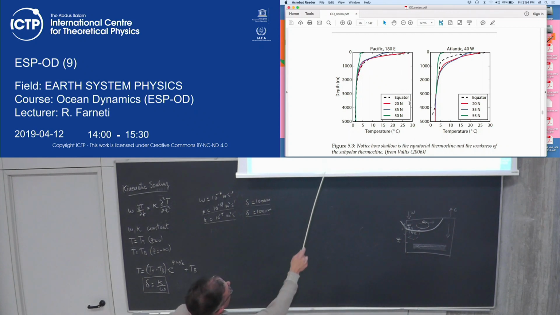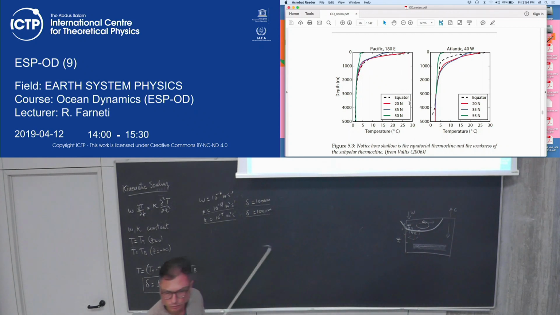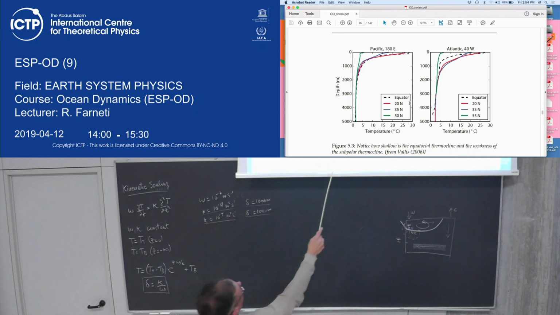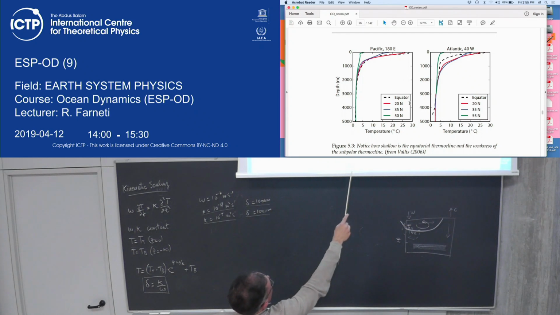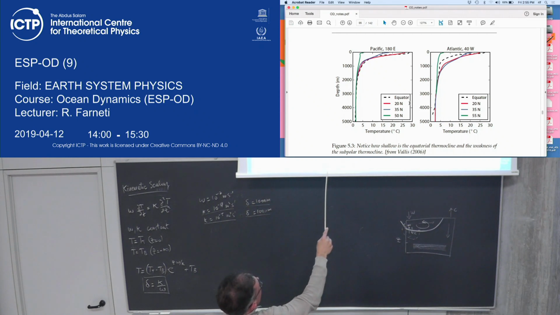When you go towards mid-latitude values, so where we are in subtropical regions, then you get a thermocline which reaches on the order of 1,000 meters or so. So you have a homogeneous layer here, the mixed layer, then the temperature changes very rapidly, and then you have a quasi-homogeneous ocean. Okay, so this is my thermocline, and it's in between 500 to 1,000 meters.